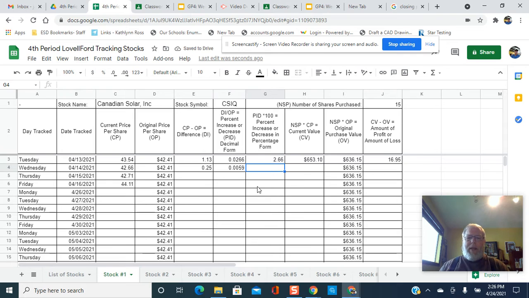Now we're going to take that number and multiply it by 100, which is going to cause that decimal to move 2 places to the right. So we're going to take 0.0059 times 100. So now we're only a little over 0.5%, 0.59%. Okay.